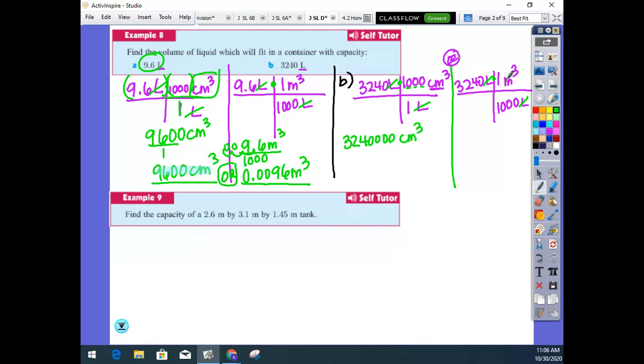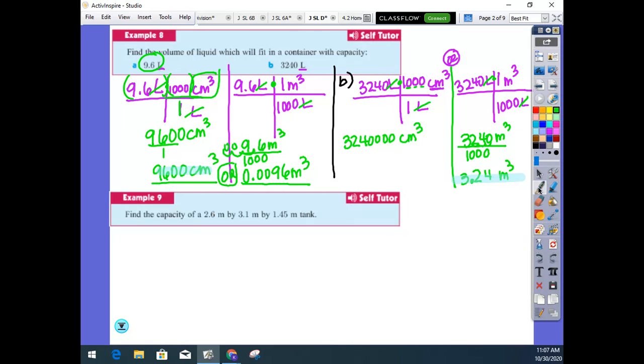I multiply by 1 and divide by 1,000, so I'm just moving my decimal back 3 spaces: 3.24 cubic meters. In this case, I think it makes more sense to convert to cubic meters, because the numbers are a little more viable.